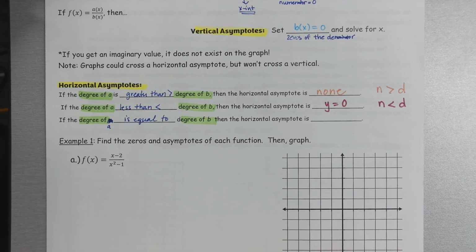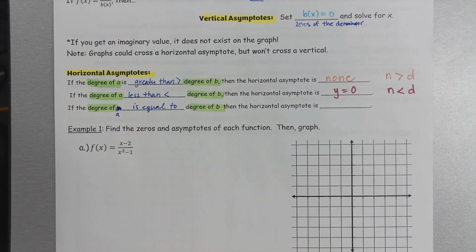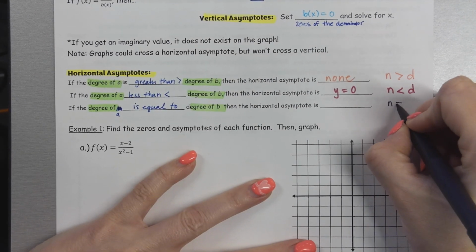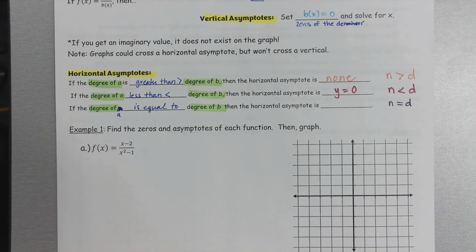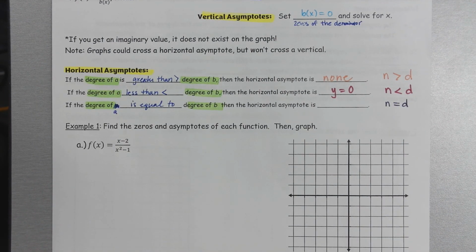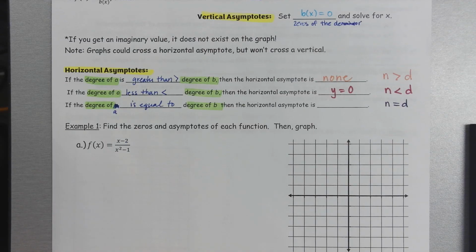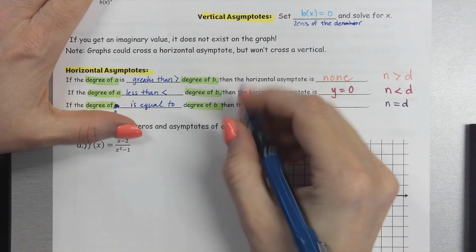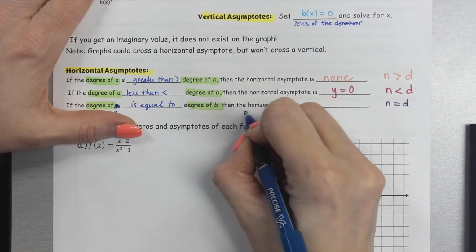And then the last one is special. If they're equal, we get to do a little calculation here. If the degrees are equal, numerator and denominator, it's best to look at an example so that you can understand how this is going to go.